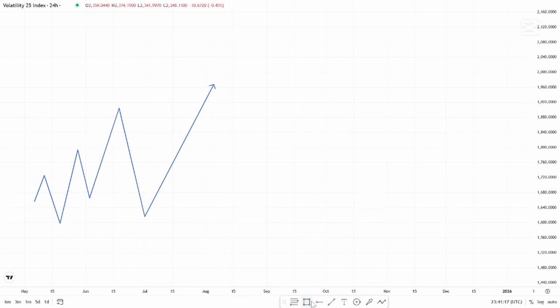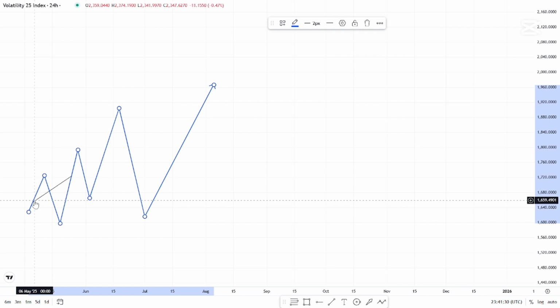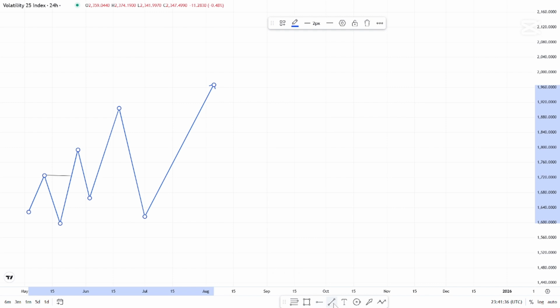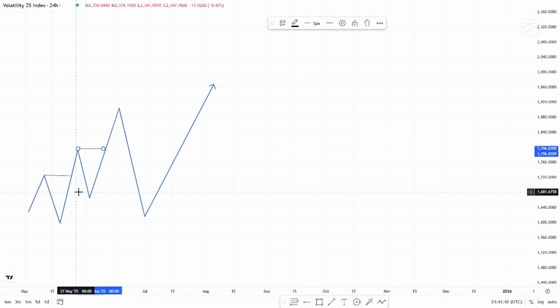So this is basically the rule. It's the same thing you have whenever you want to buy. This is the same structure you are going to have for the buy structure.